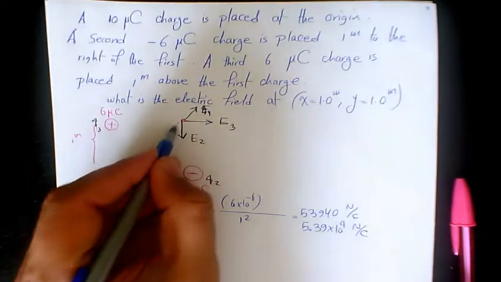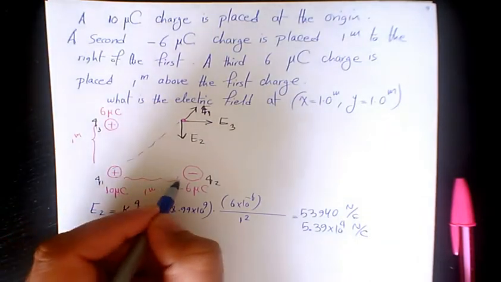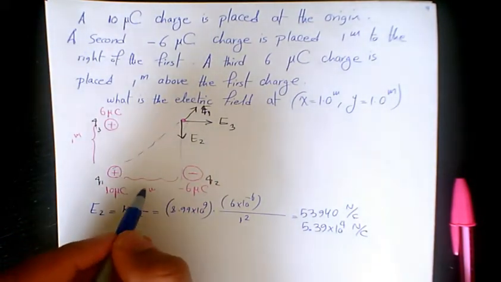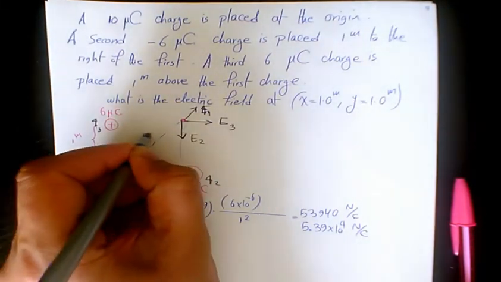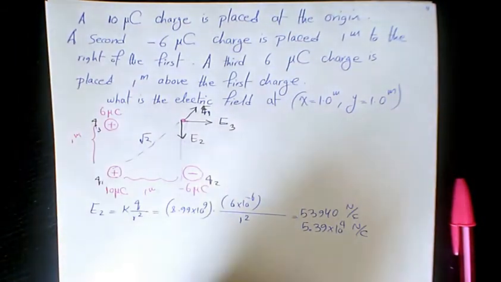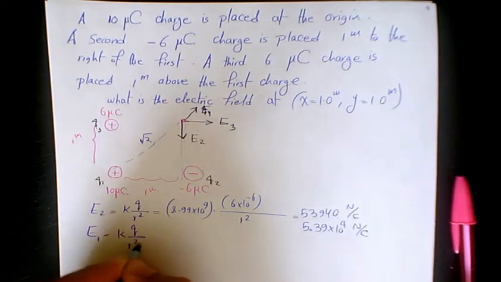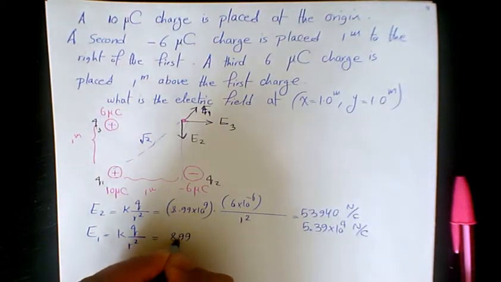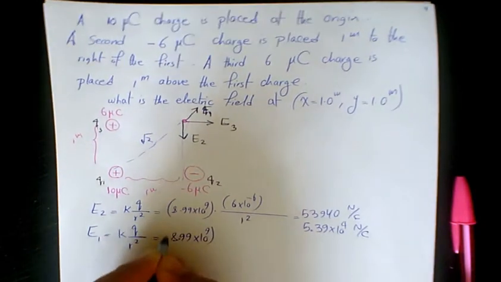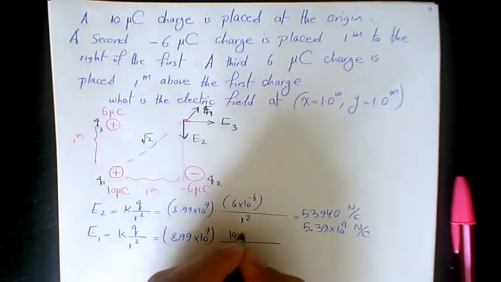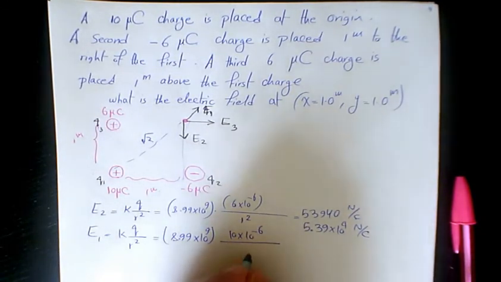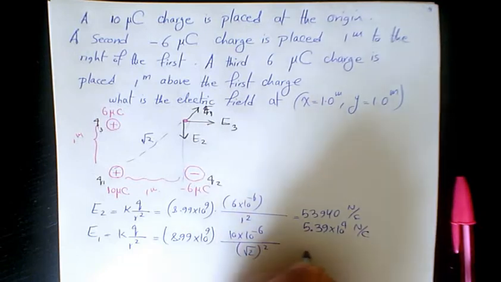For E1, the distance here is going to be the square root of 1 squared plus 1 squared. That's going to be root 2 based on the Pythagorean theorem. So E1 is going to be KQ divided by R squared: 8.99 times 10 to the power of 9 times 10 times 10 to the power of negative 6, divided by square root of 2 to the power of 2.